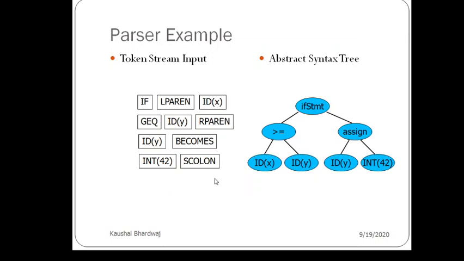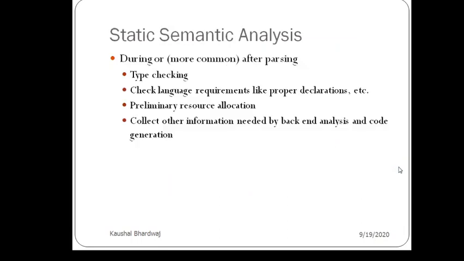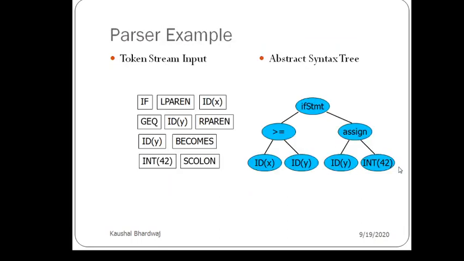For these tokens, this abstract tree is constructed. How it is constructed we will see. Such output comes from the parser, and this will be considered an intermediate representation which will be used for the next phase.